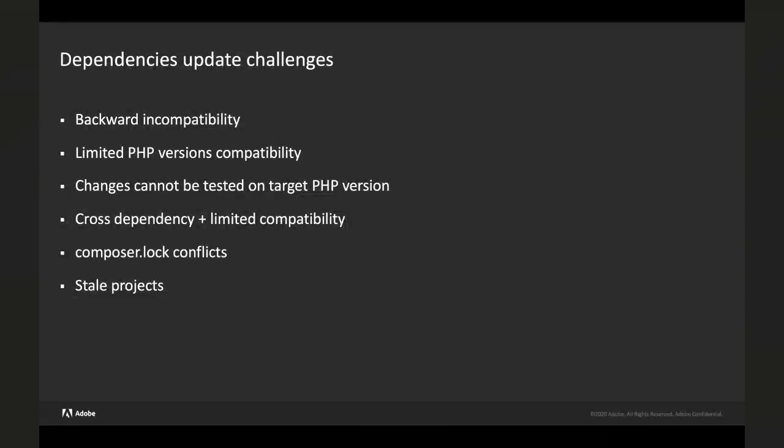And finally, the stale projects. So the technology is evolving really fast. New projects are emerging, and old projects sometimes can be abandoned. So there is always a risk when you update to a new PHP version, for example, that your dependency will not release a new PHP compatible version.